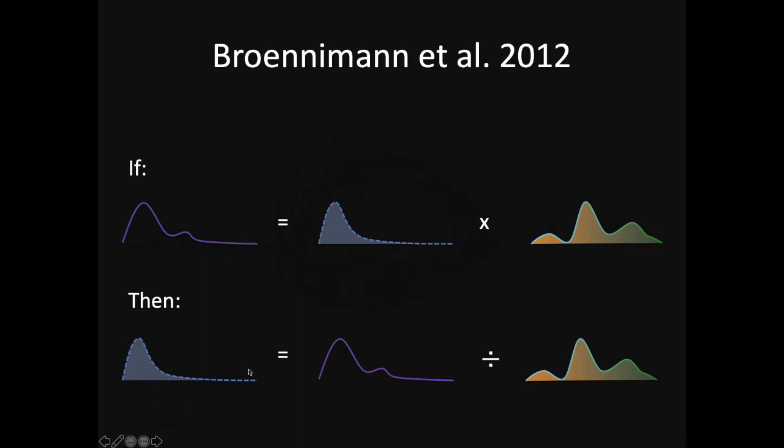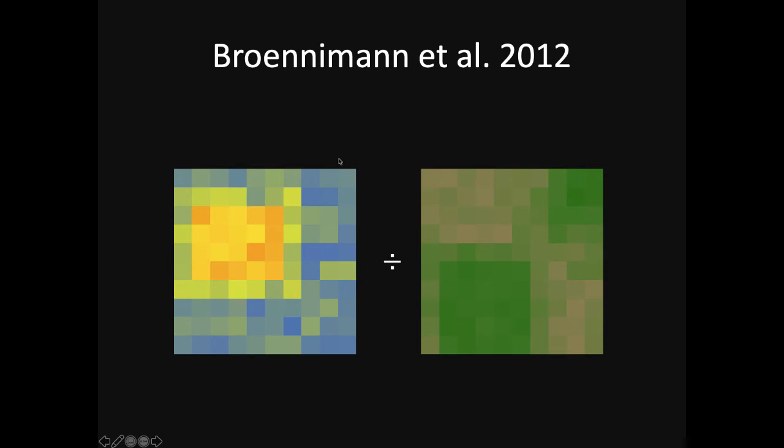You could get this out just by dividing the occurrence of your species by the availability of different values along that environmental gradient. So you get your niche estimate by dividing your occurrence, in this case in environment space, by the availability in environment space.